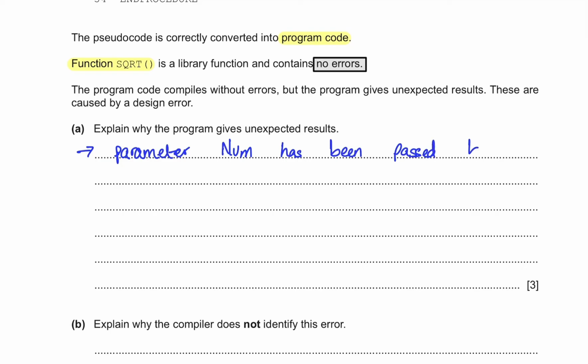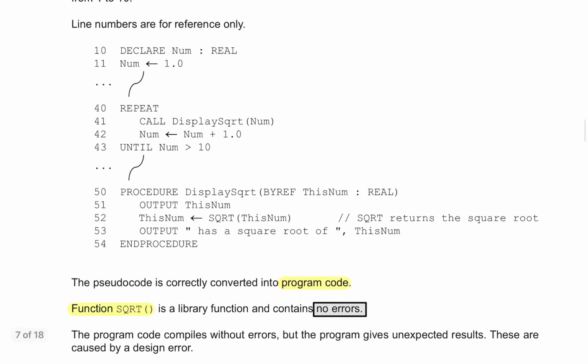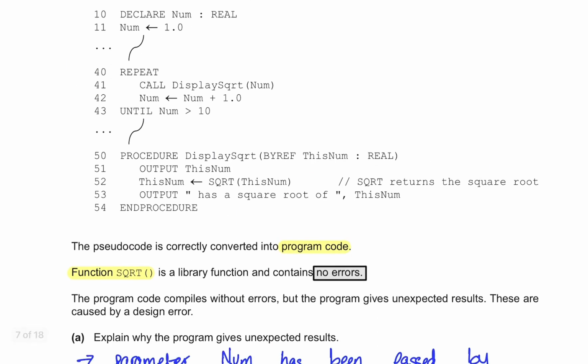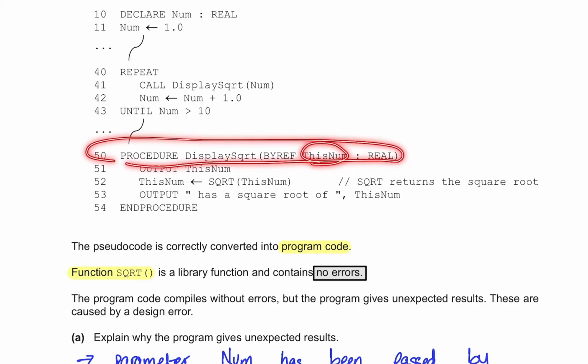Passed by reference. The second thing would be this num is modified. If you could see here, this num is modified.